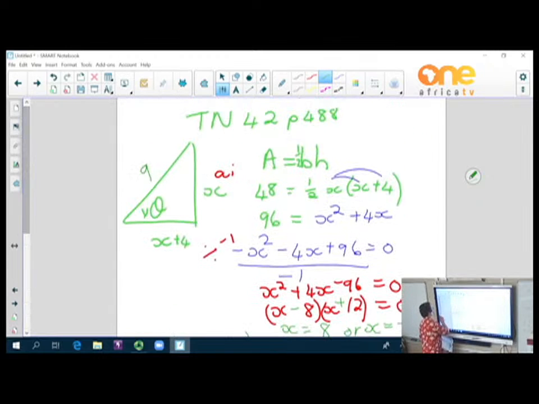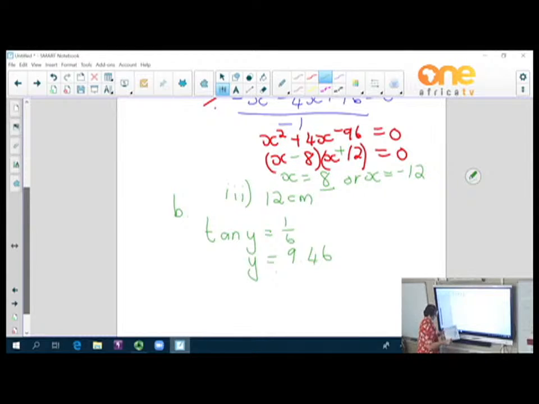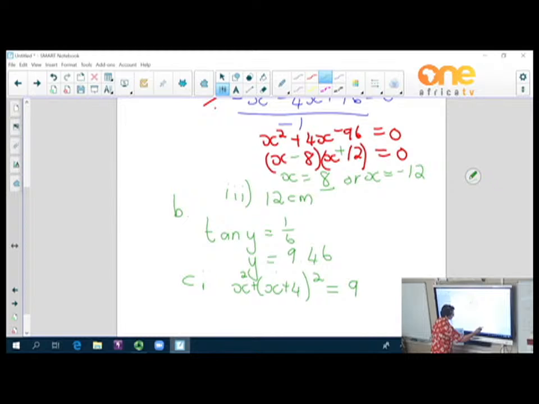This one is now 9, and then show that you can get that. Now I'm going to use Pythagoras this time. So x squared plus x plus 4 squared, using Pythagoras, under a square root is equal to 9.